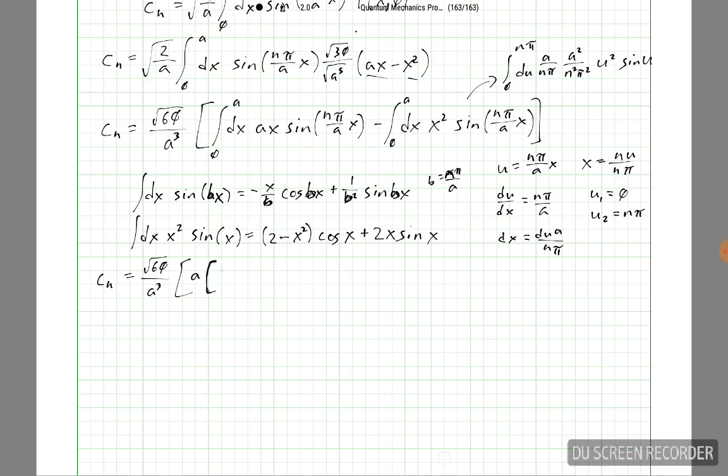And then that's going to be times negative x over b. So that's going to be over n pi times a. And then that will be cosine of n pi over a x plus 1 over b squared. So that's a squared n squared pi squared. And then that's going to be sine of n pi over a. And this is all going to be evaluated from 0 to a.